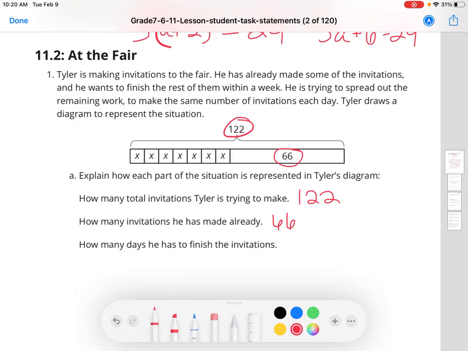And then how many days he has to finish the invitations. We know he's going to finish them within a week, and he wants to spread it out to do the same on each day. So each of these sections of X represent my invitations on each day. So that would be the 7 boxes of X is where that's represented.